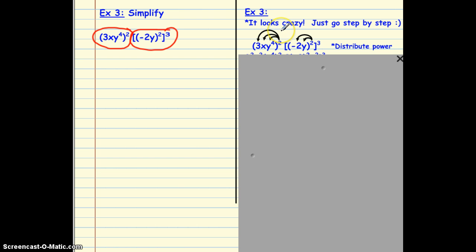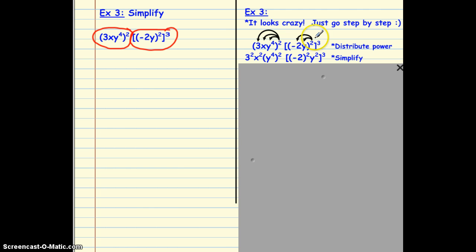So the 3xy to the 4th to the 2nd power, we have the product of the powers. So we're going to distribute the 2 to each thing inside the parentheses. So we're going to have 3 to the 2nd power, x to the 2nd power, and y to the 4th to the 2nd power. And I have it written out right down here so you can see that.